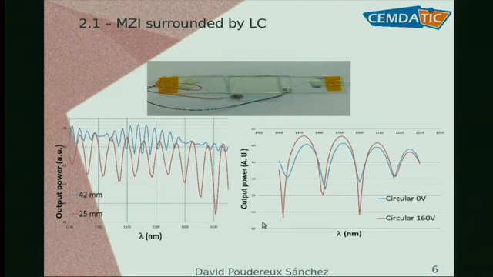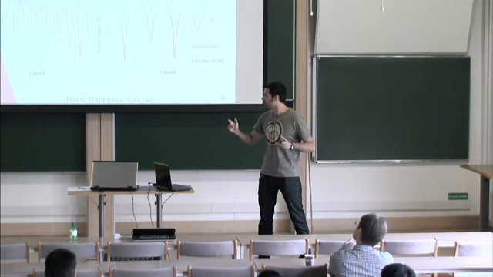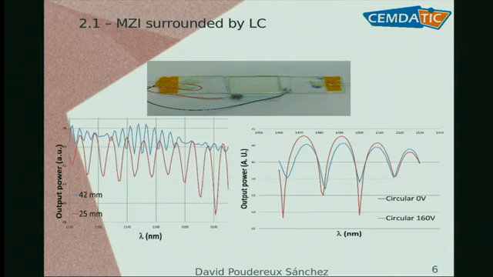The first one is the interferometer that has liquid crystal in the surroundings, not inside, only in the surroundings. We can see in this graph how the pattern appears depending on the length of the interferometer. The pattern is lower when the length is higher.